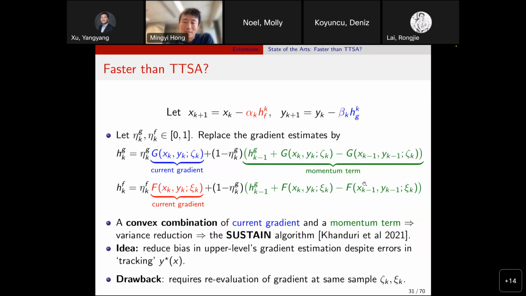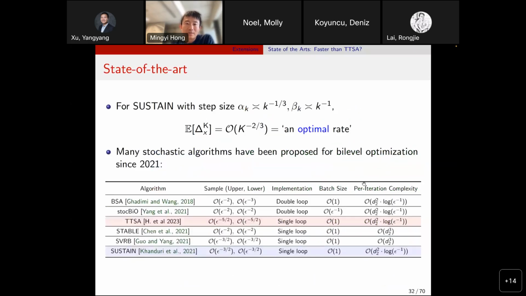That's the drawback. But with this, we're able to show that if you use these step sizes, k to the order minus 1/3 and k to the order minus 1, you can get an optimal rate of k to the minus 2/3. So this rate matches the accelerated version of SGD.